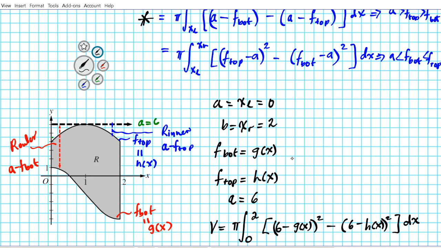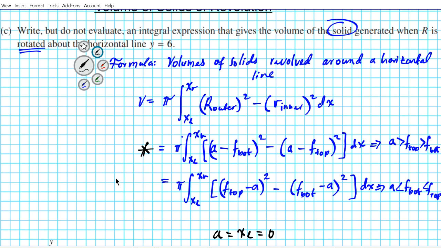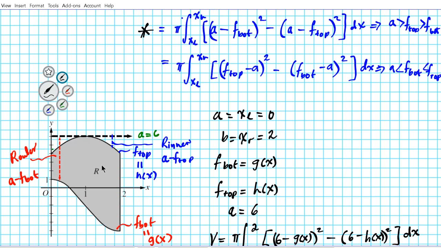Okay, so that's another thing to keep in mind: the direction of rotation tells you what variable to use. I didn't mean perpendicular, I mean rotation. So if you're rotating in the direction of the x-axis, because this rotation is like this, okay? Everything will be in terms of x.